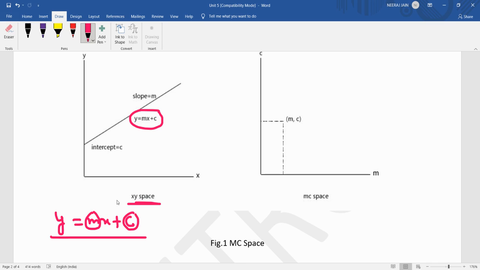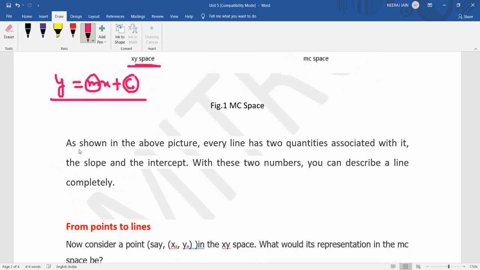Now we want to represent this line as a point that contains only the slope of this line m and its intercept c, that can be denoted as (m, c). That is a point here. Now it is in the MC space.